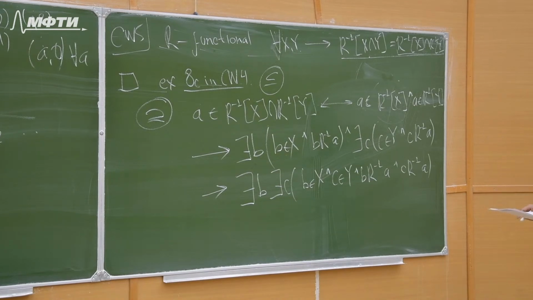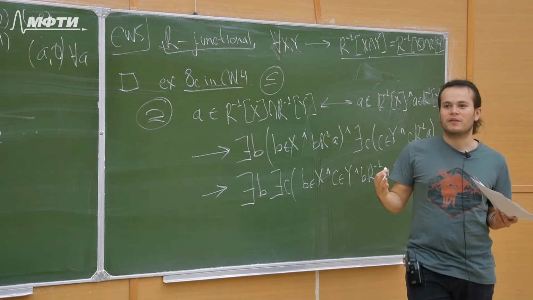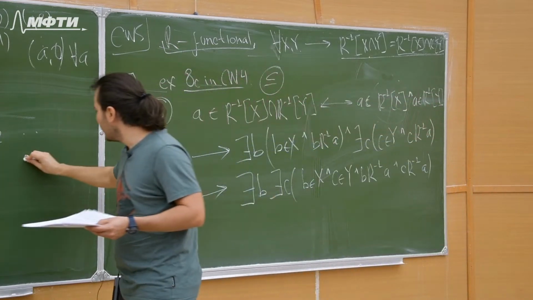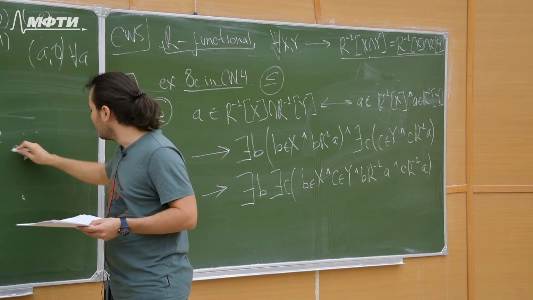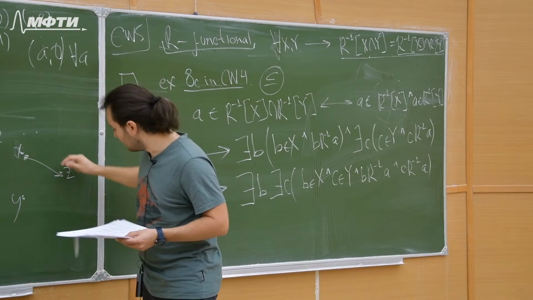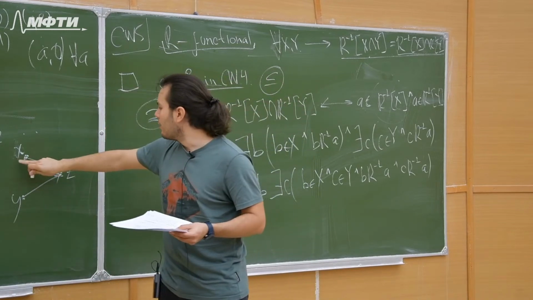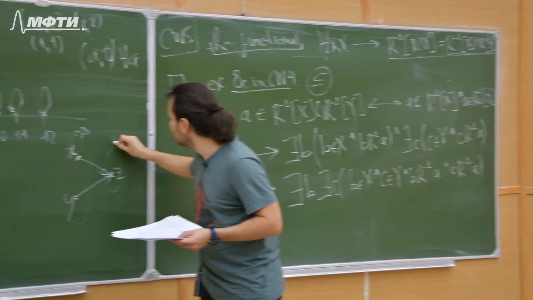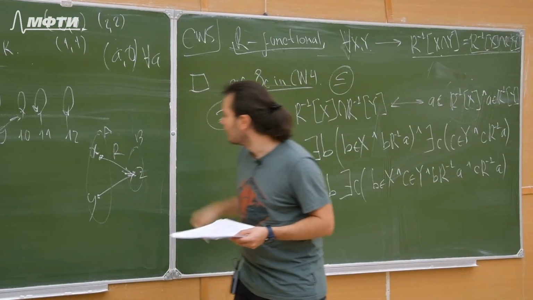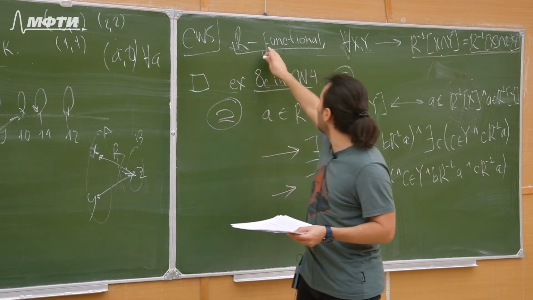And okay, now we have this. And what do we need to prove? We need to prove this. And what do we know about R? We know that R is functional. So let's remember, what does it mean that it's functional? It means that if I have, for example, X and Y, and here Z, then this kind of relation, the pairs, if this is R, okay, so this is not allowed if R is functional, right?